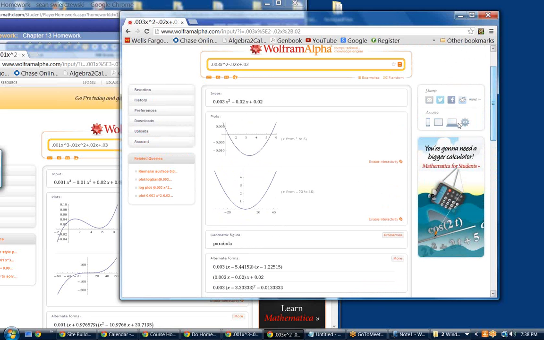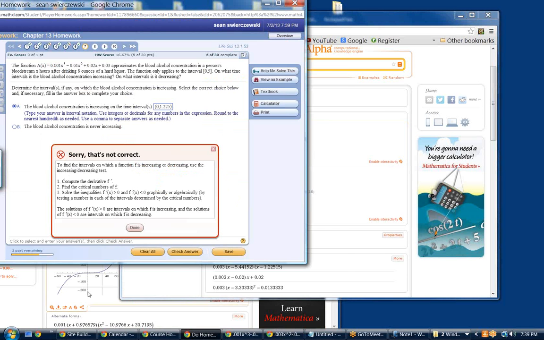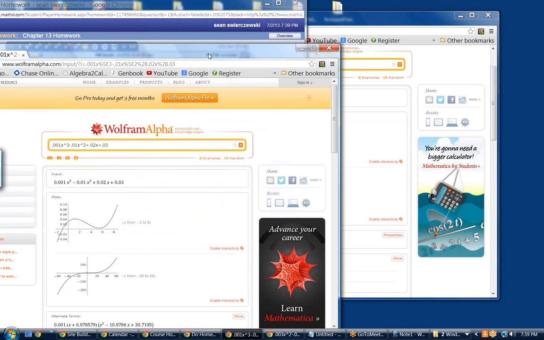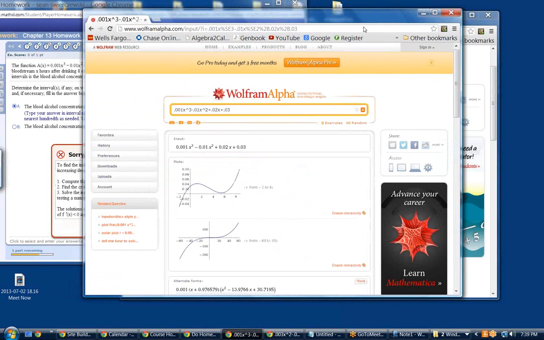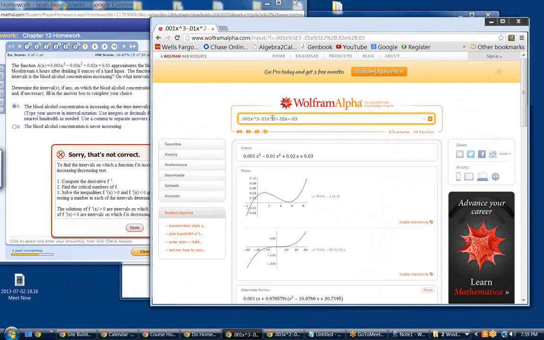According to this, does this graph make sense? This graph right here? This is the function in operation. How can the alcohol level decrease from this time to that time?